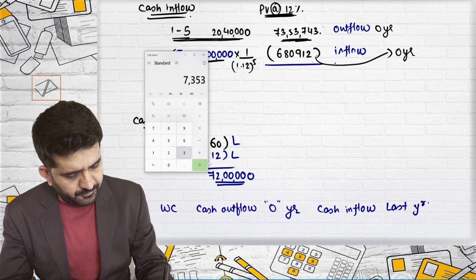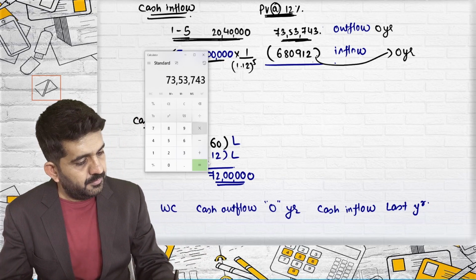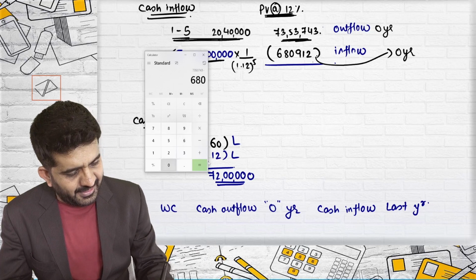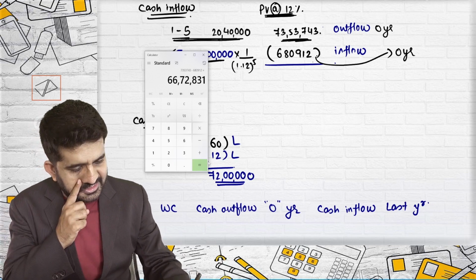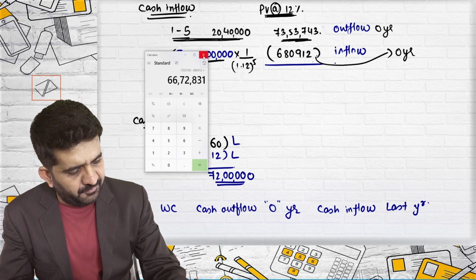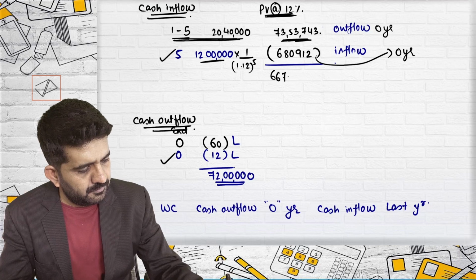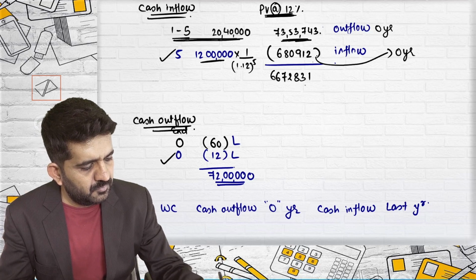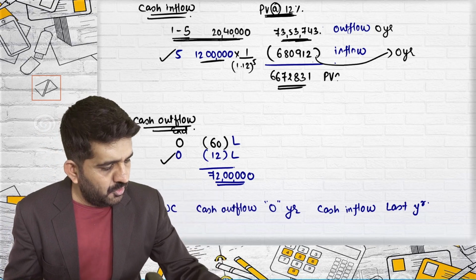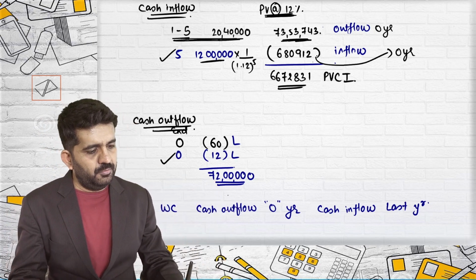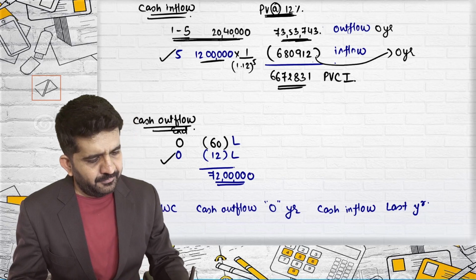73,53,743 minus 6,80,912. It is 66,72,831. What is this? Present value. It is at the end of 0 year of cash inflow. I have made a mistake, right?